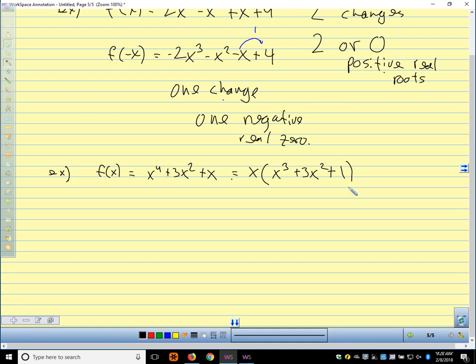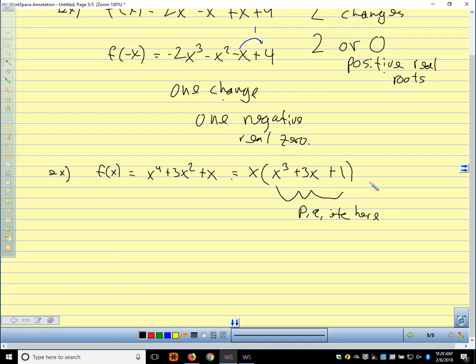And then this should be an x. Sorry. Thank you. So then we would do our p's and q's and Descartes' rule of signs here on this polynomial.